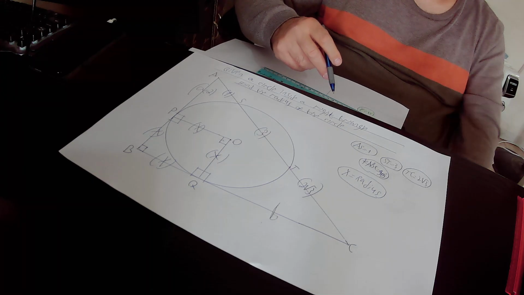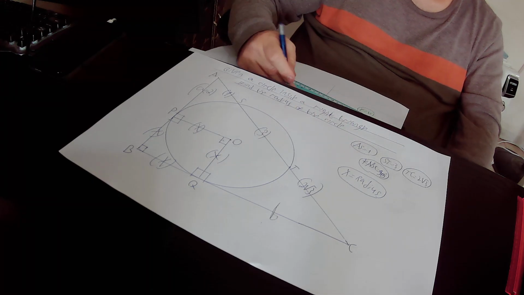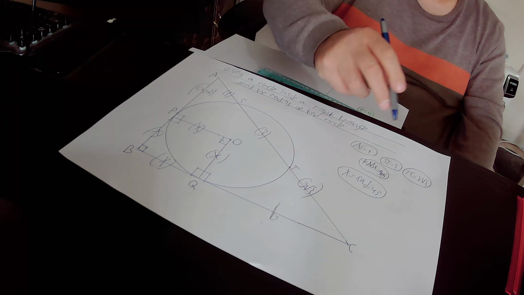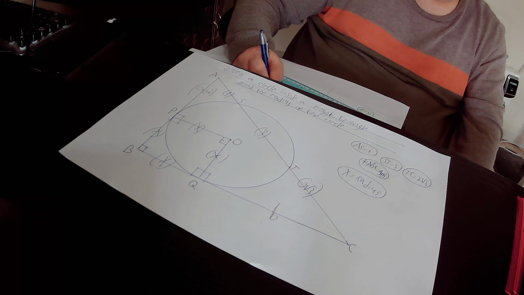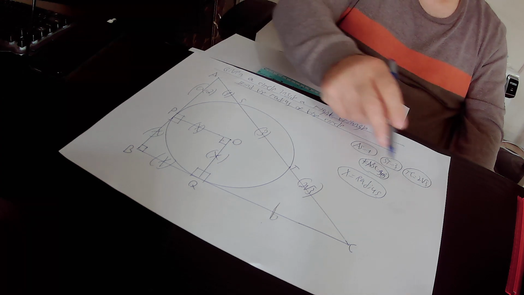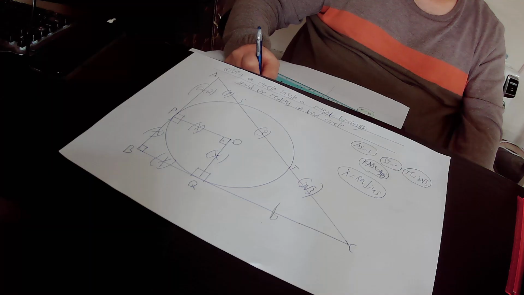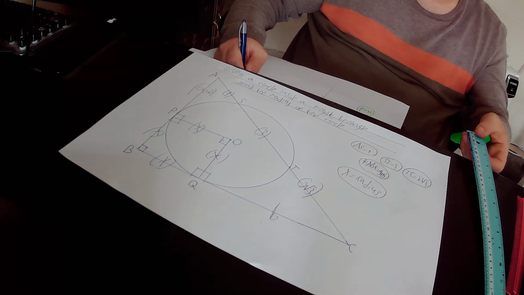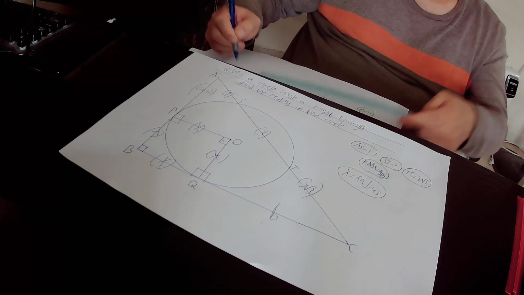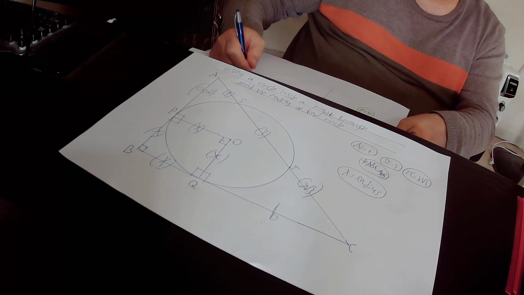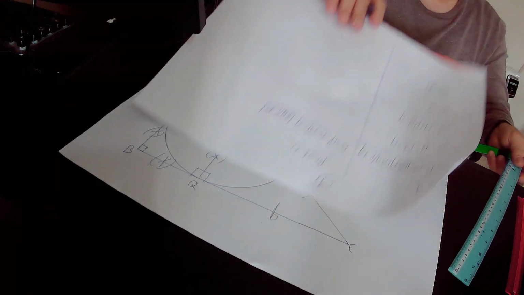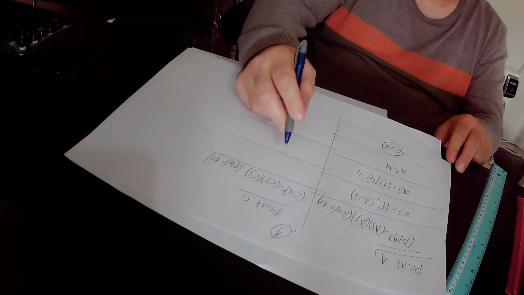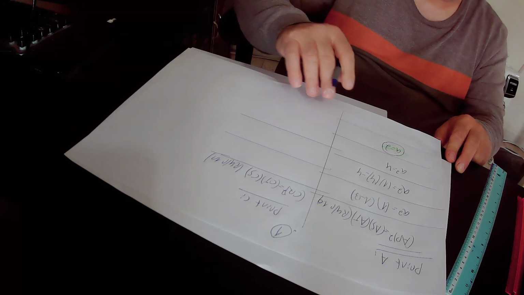According to rule 10, we get that CQ squared equals CT times CS. Repeat again. According to rule 10, if we focus on the common external point C, we get that CQ squared equals CT times CS.